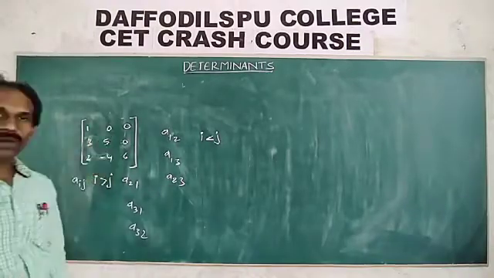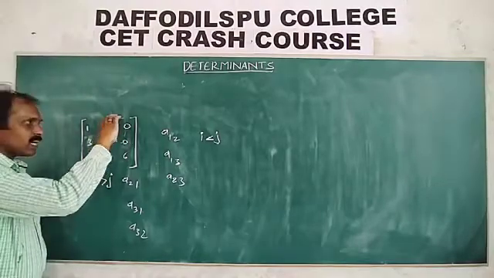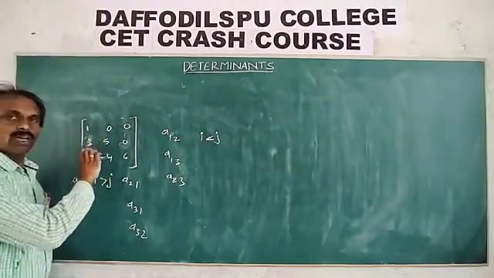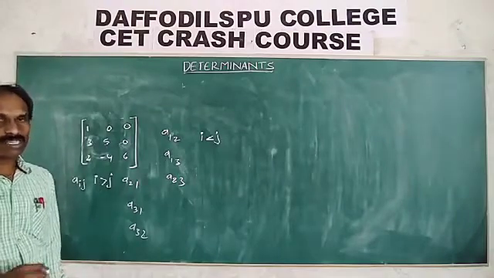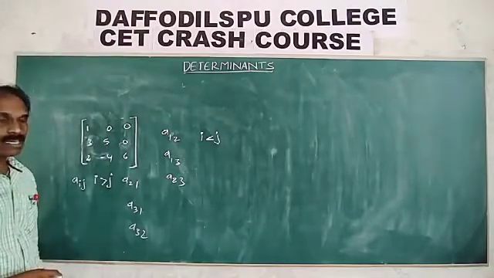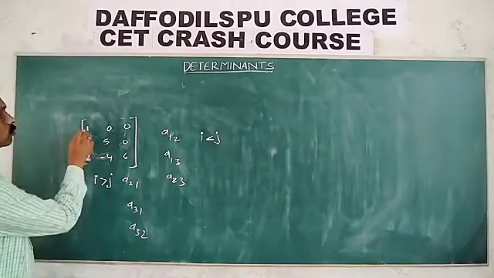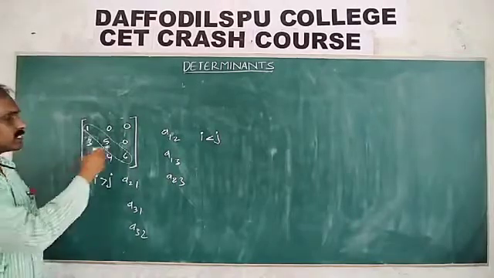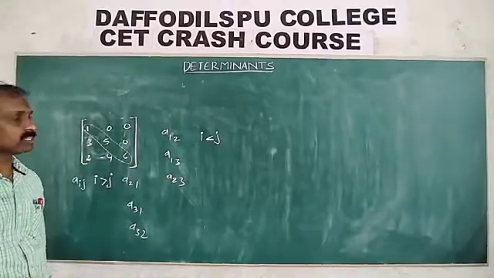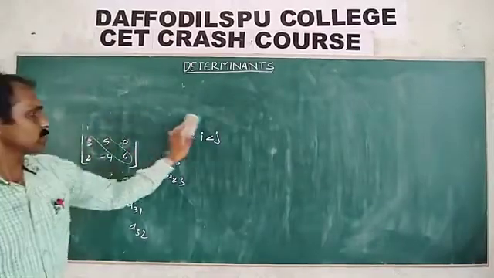It is either an upper triangle or a lower triangle, and that matrix is called a triangular matrix. In a triangular matrix, the determinant value is equal to the product of its diagonal elements. This is the triangular matrix definition.